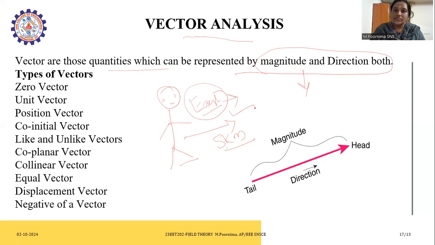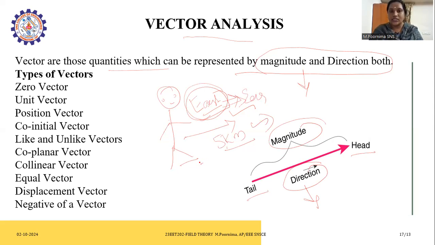This is what a vector quantity is. Here we have the tail, a direction, and a magnitude. The east is the direction; he was supposed to move east 5 kilometers away from his rest position. I hope you understand what vector and scalar are.